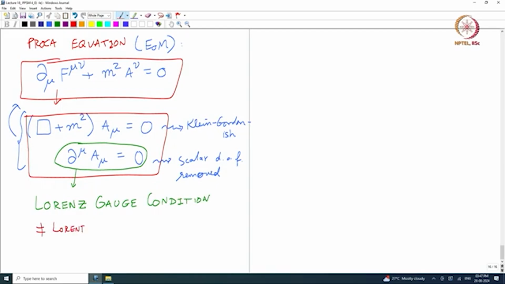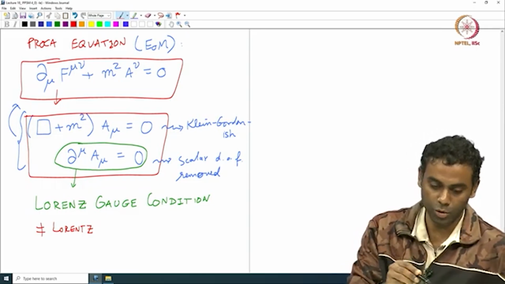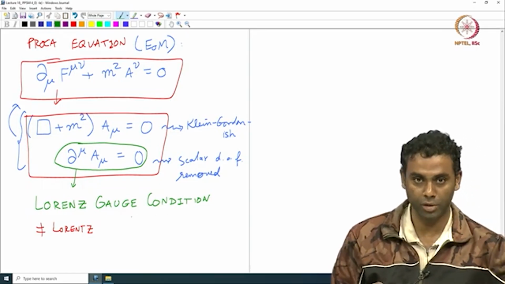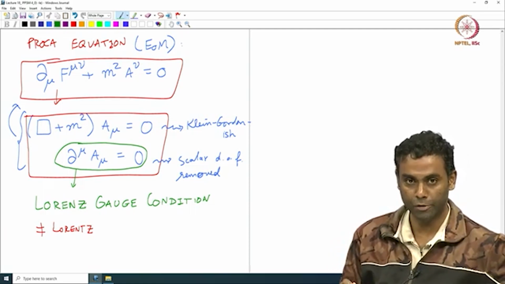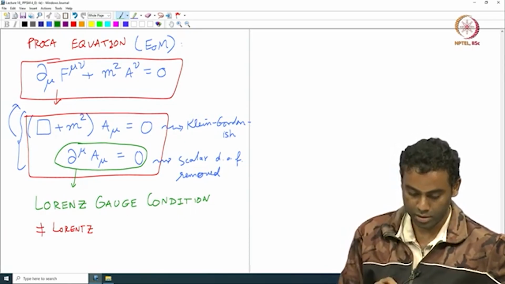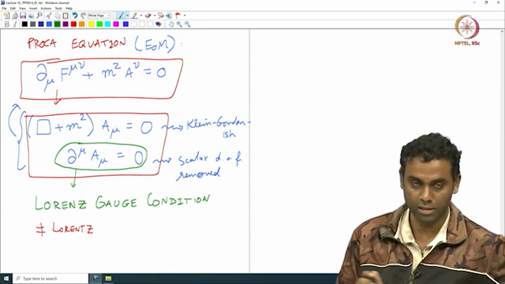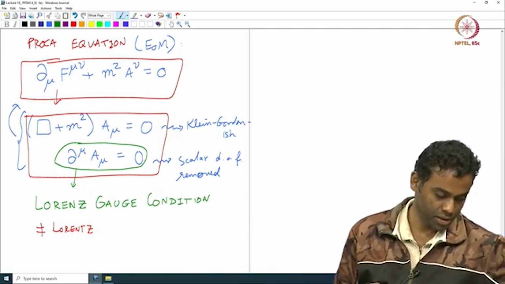This really used to confuse me. That is why I am saying this, it confuses everybody. Many people still say Lorentz because it does remove a Lorentz invariant term, but Lorenz is a completely different guy. So this is the guy who found the gauge condition that you need. Well, it is not really a gauge condition, it is a condition that comes from the equation of motion, but removing the degree of freedom this way was due to Lorenz, completely different guy.